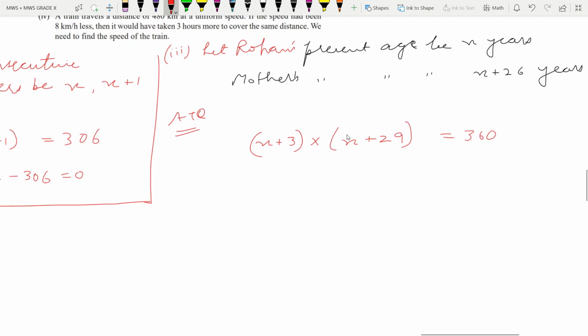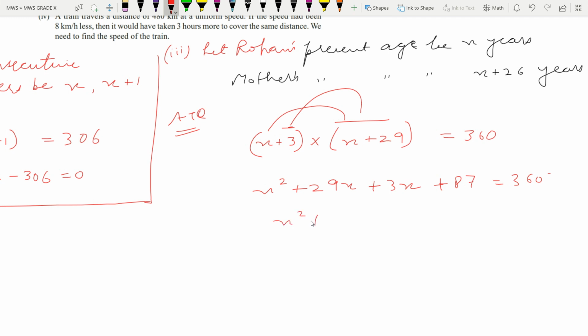Multiply the first by x: x square plus 29x, then multiply with plus 3 into x, plus 3x, and plus 3 into 29, plus 87. Now x square plus 32x plus 87 minus 360, x square plus 32x minus, so it will be 273, I guess.